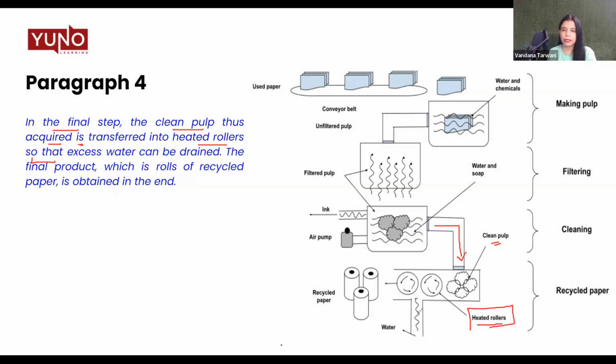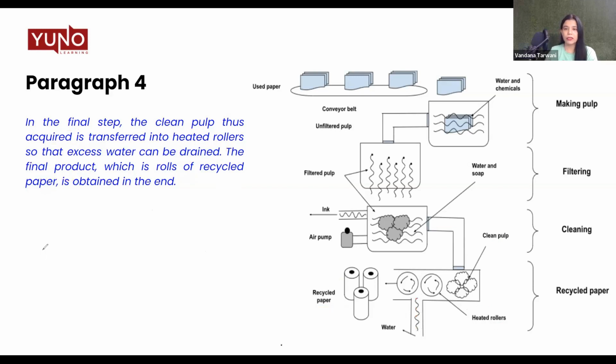So if you see, this excess water is being removed so that excess water can be drained. Look at the vocabulary also. Excess water can be drained. The final product, which is rolls of recycled paper, is obtained in the end.